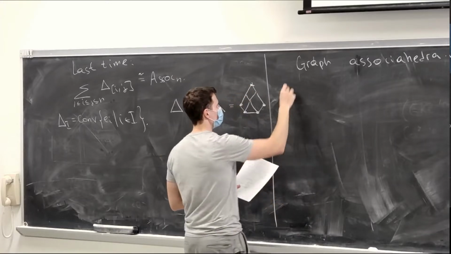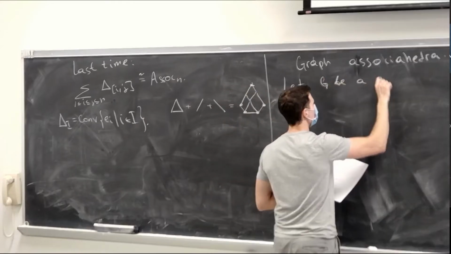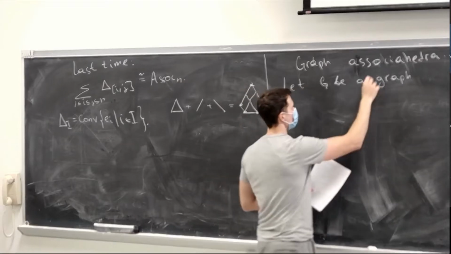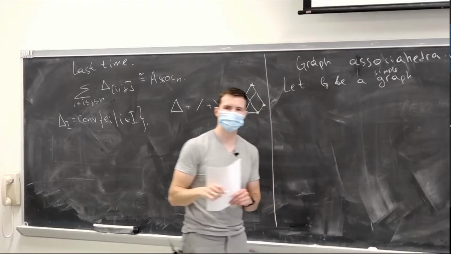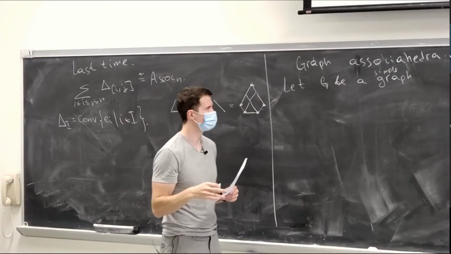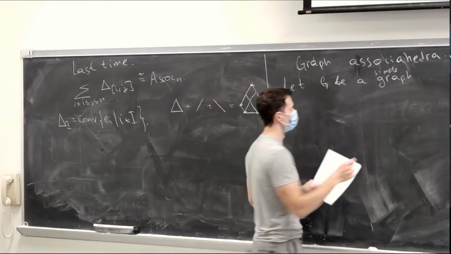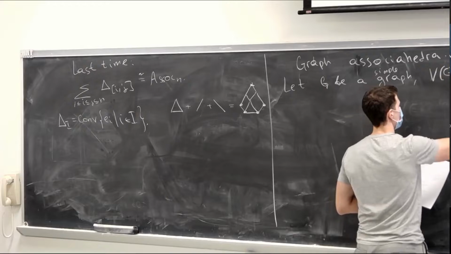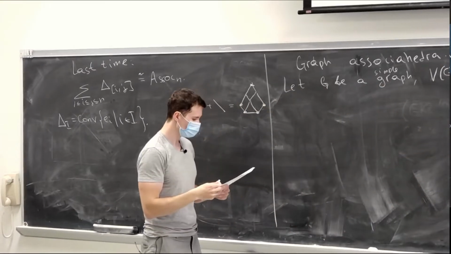Suppose let G be a graph. I guess by that I mean a simple graph. There are no multiple edges, no self loops, nothing like this. And I'm going to assume that the set of vertices of G is just [n]. So the vertices are labeled from 1 up to n for simplicity.